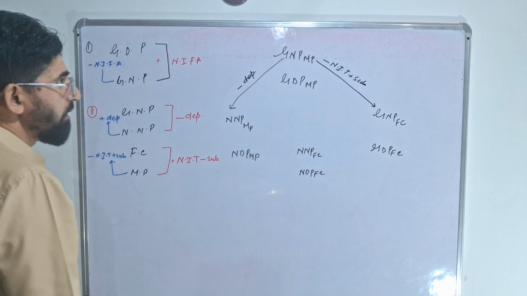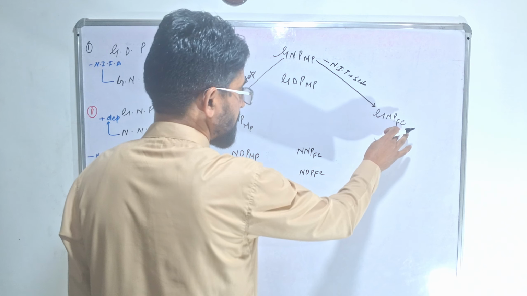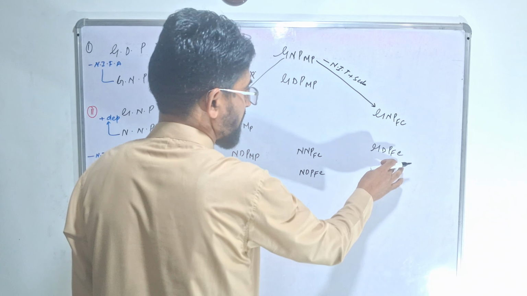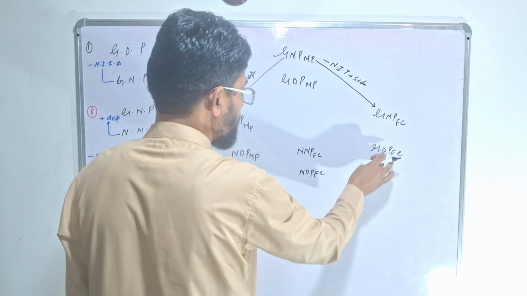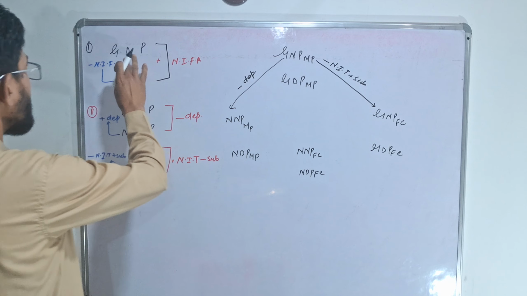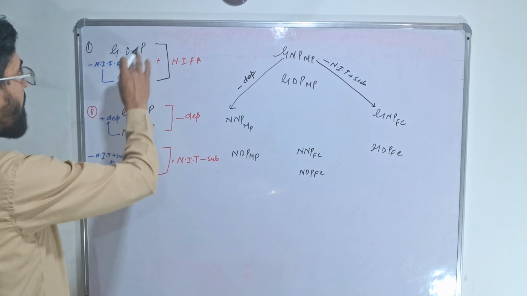Similarly, from gross national product at factor cost, here is gross domestic product at factor cost. Means this is national, this is domestic. As here I write, from gross domestic product to gross national product we add, but from gross national to gross domestic the opposite is happening.